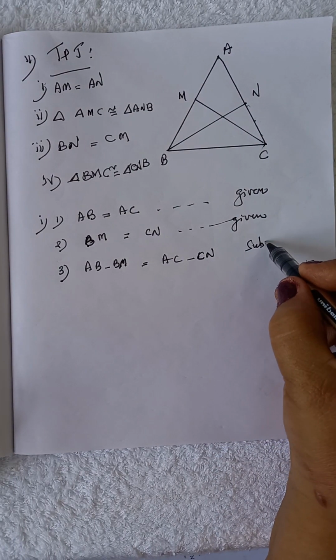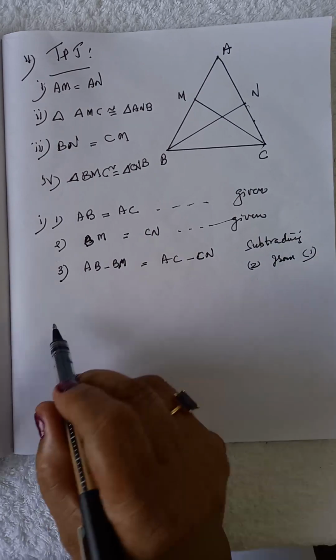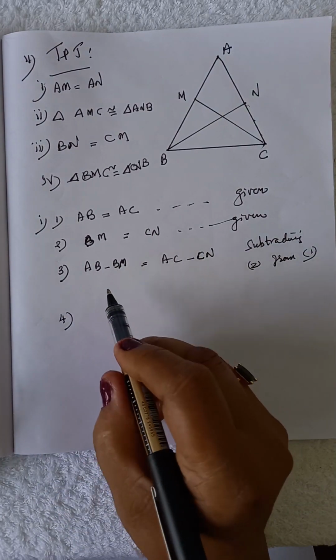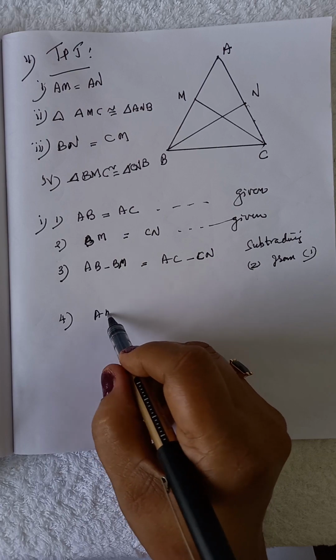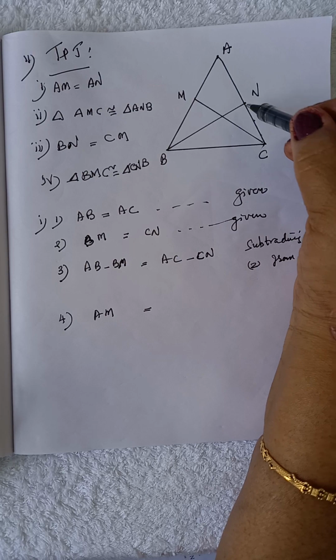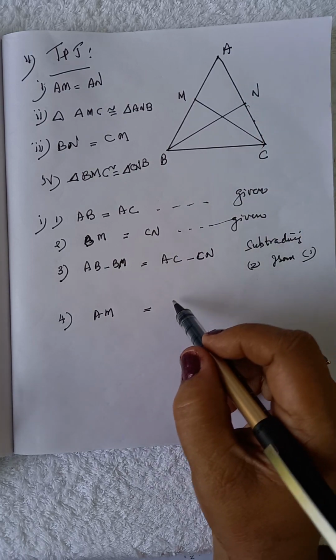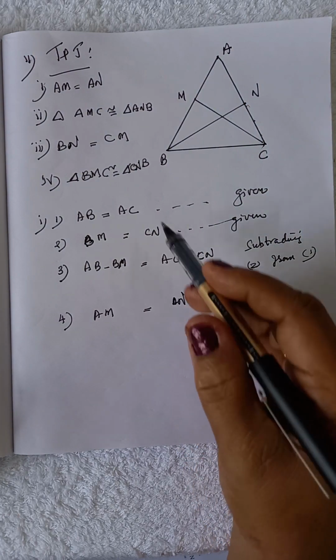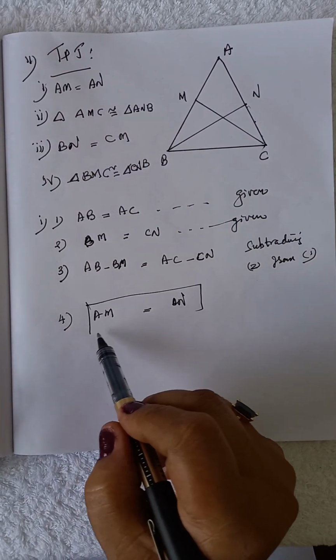That is subtracting 2 from 1. Fourth point, AB minus BM, that is AM, is equal to AC minus CN, that will give you AN. So AM is equal to AN. That is the first part we have to prove.